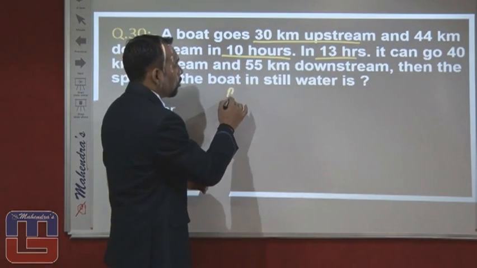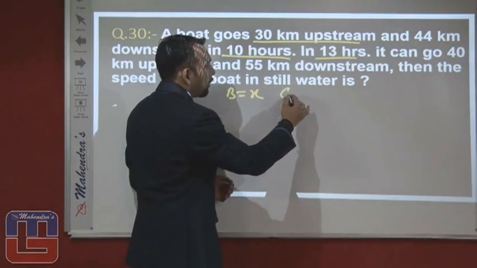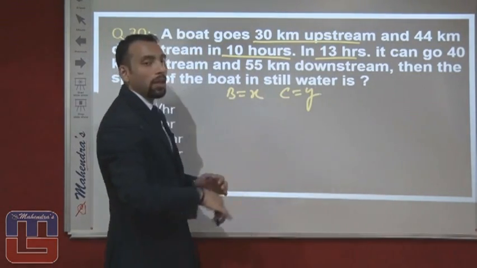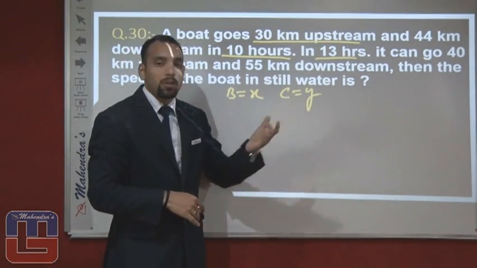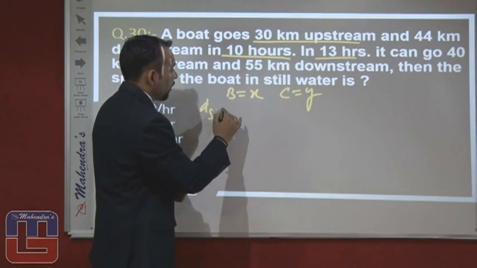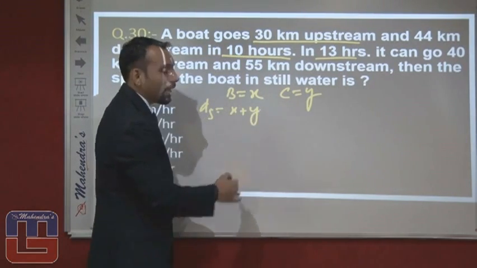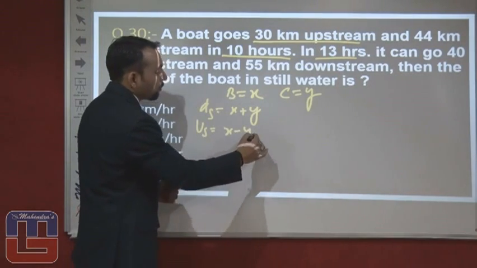Let the speed of the boat be x and the speed of the current be y. We have assumed the speed of the boat is x and the speed of the current is y. So in the downstream condition, the speed is x plus y, and in the upstream condition, the speed is x minus y.